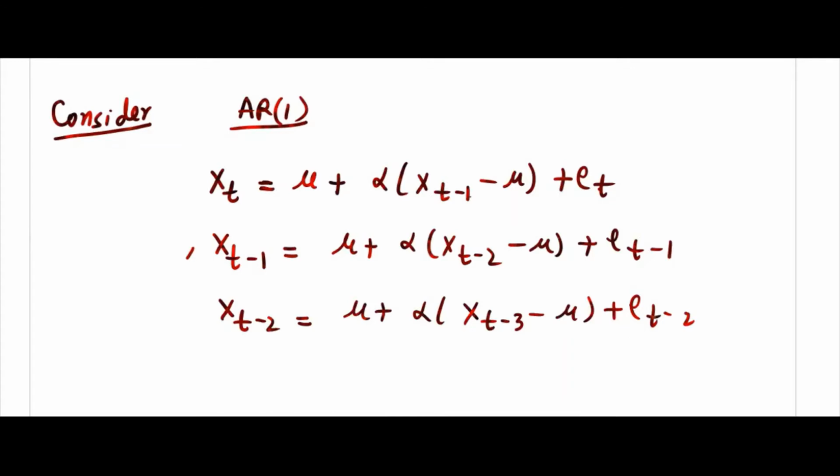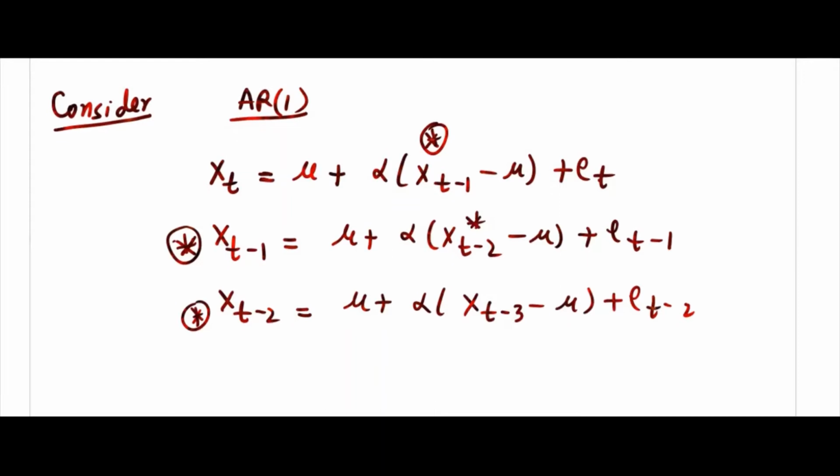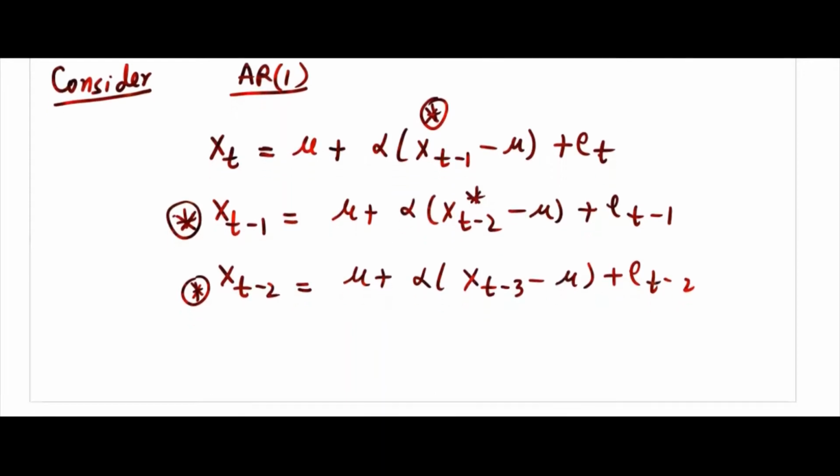Then you put the value of Xt minus 1 here, and the value of Xt minus 2 here. We already got t minus 1, you put it here, and then t minus 2 you put here. That way if you do, you can track up to the first one.